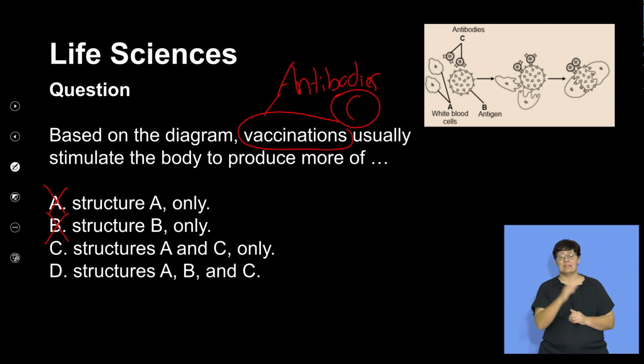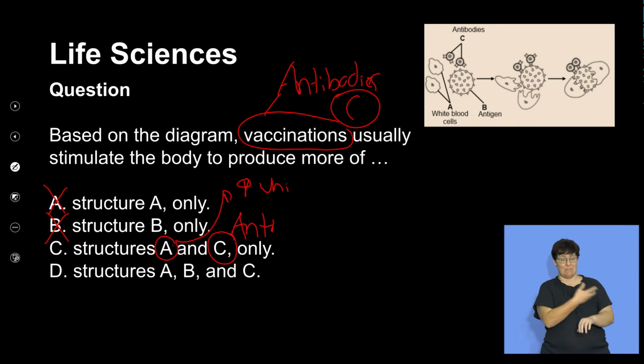Number C, now we're looking here for the first time. Structures A and C. Now I said A only was no, but now I've got C over here, which means antibodies. Yes. Now why would A be correct? Because if I have antibodies, I also want to increase my white blood cells to come and destroy.